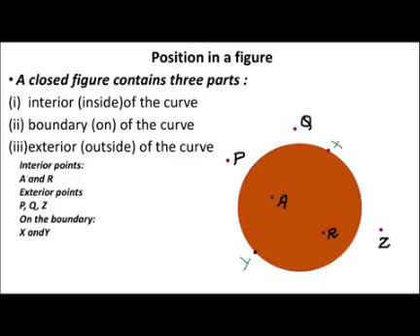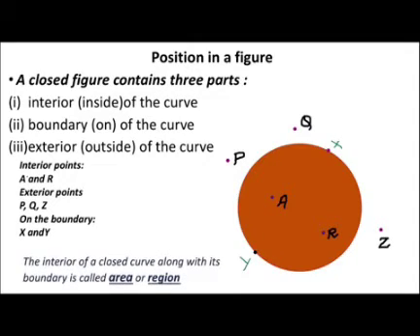So the points inside the boundary, that is the inside region, you have 2 points, they are A and R. On the boundary you have X and Y, and exterior points are P, Q, and Z. These exterior points lie outside the boundary, children.